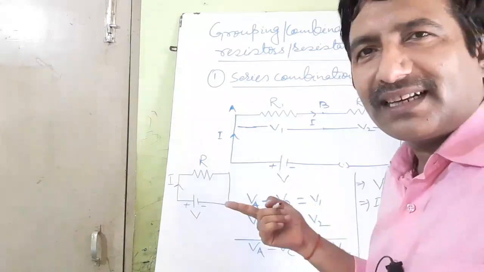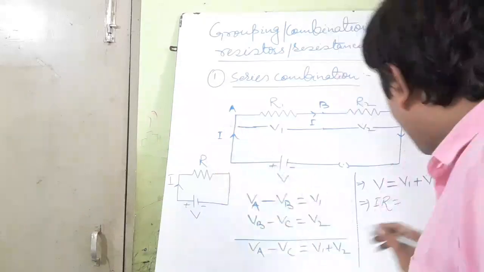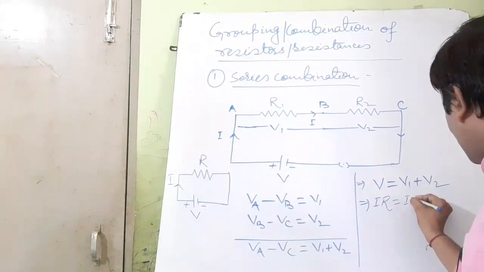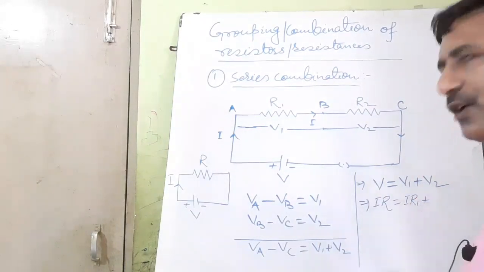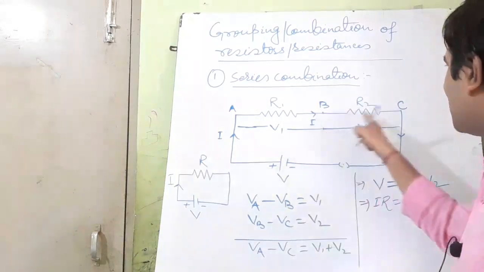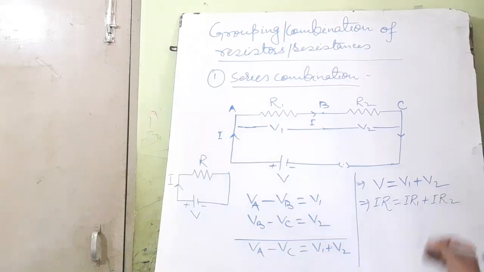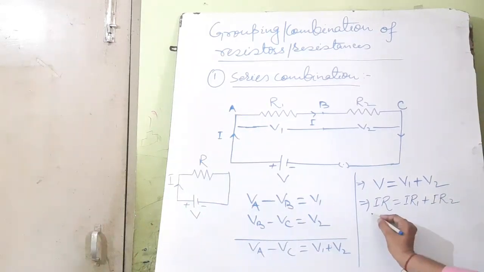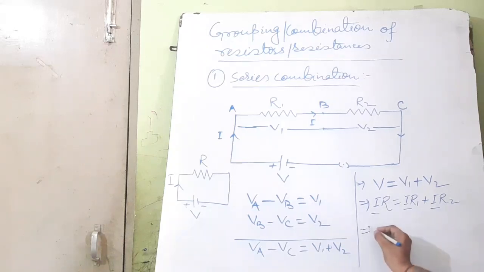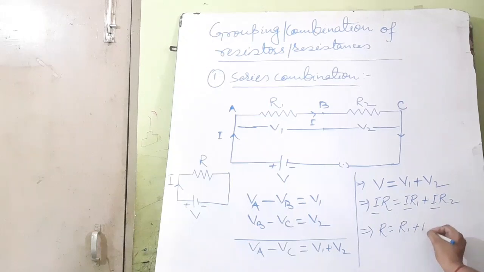So what will be V1? IR1. So you put IR1 plus V2, IR2. You put IR2. Now you can observe that these I can be cancelled out, and you can have R is equal to R1 plus R2.